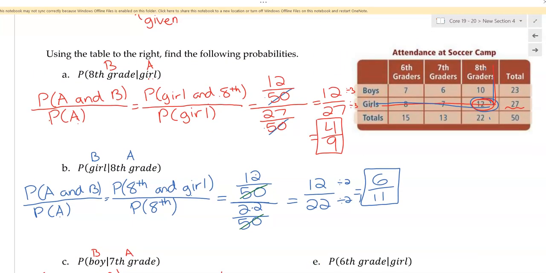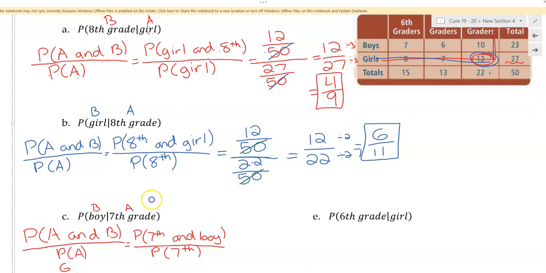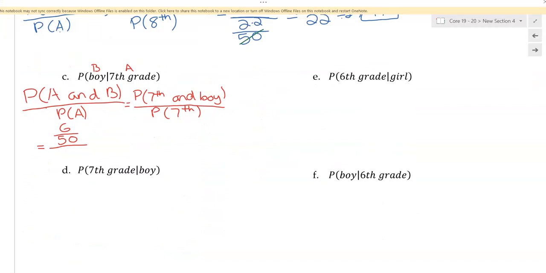If we look at our table, there are 13 people in 7th grade. Okay. Again, our 50s cancel. And we're left with 6 over 13. 6 over 13 does not reduce, so we can leave it like that.